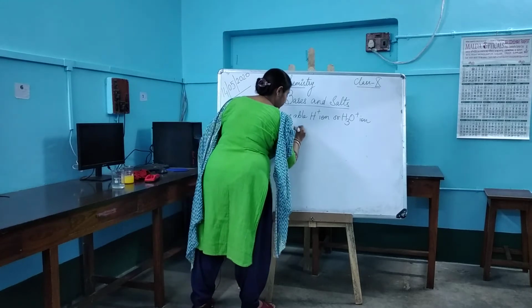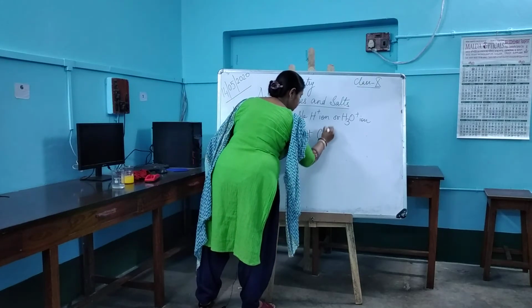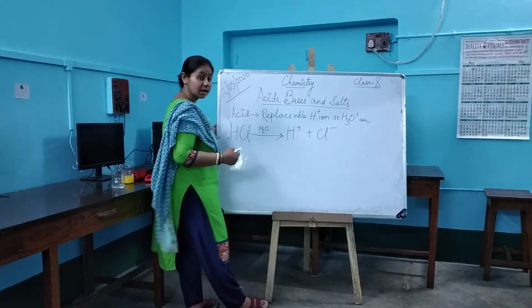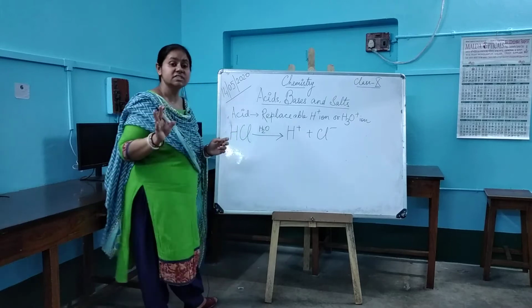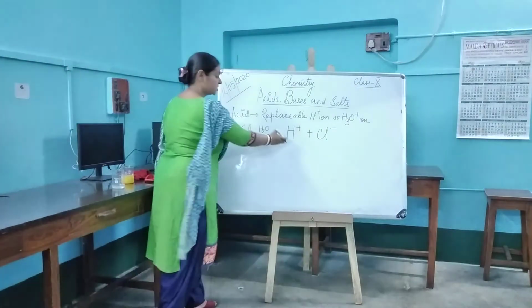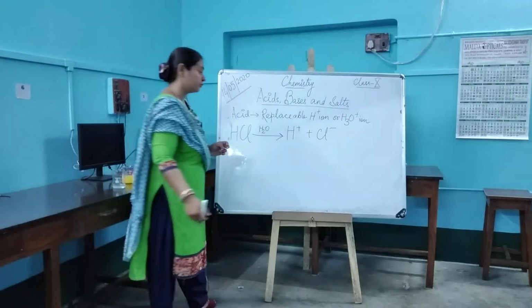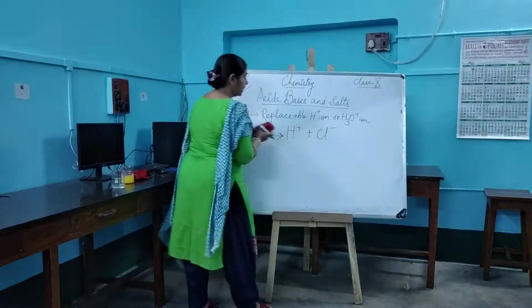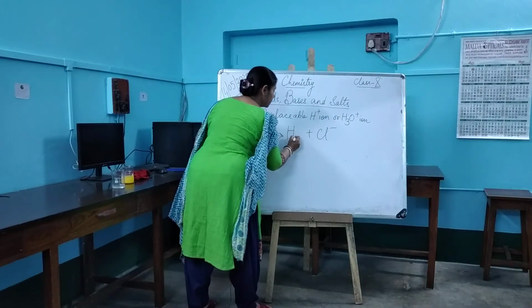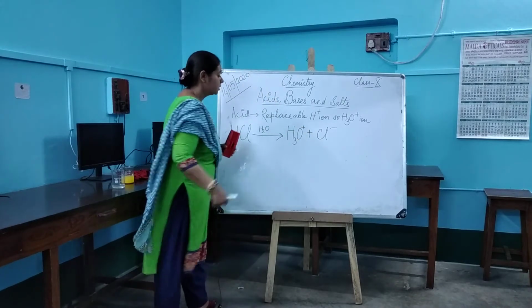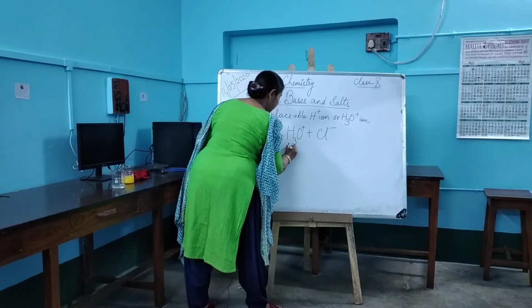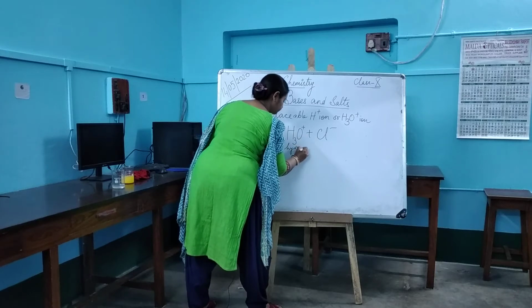It will dissociate into H plus and Cl minus. This H plus ion is very unstable; it cannot stay in the H plus form for a very long time. So it will form hydronium ion, H3O plus.